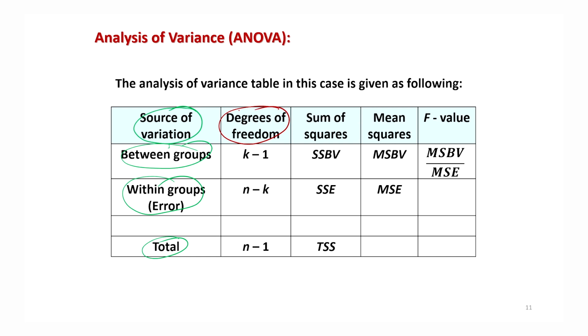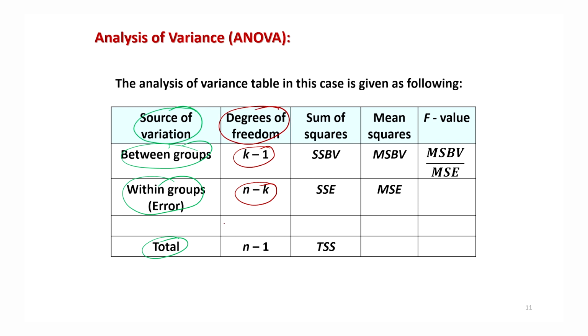SSBV upon sigma square has a chi-square distribution with k minus 1 degrees of freedom, so this k minus 1 is indicated here. SSE upon sigma square has a chi-square distribution with n minus k degrees of freedom, so this n minus k is given here. Similarly, we could make a conclusion about the total also, but we need not do it because these degrees of freedom are additive.